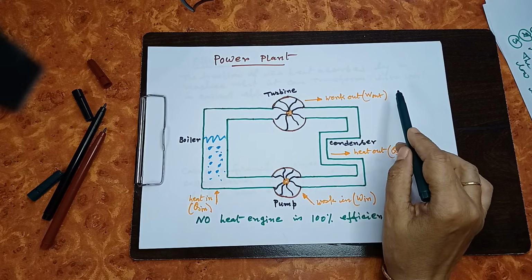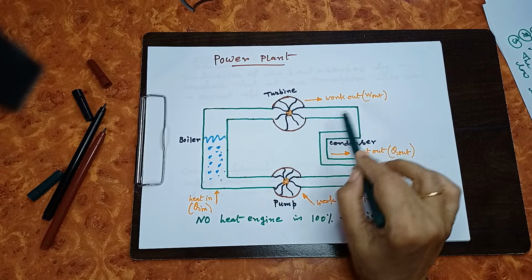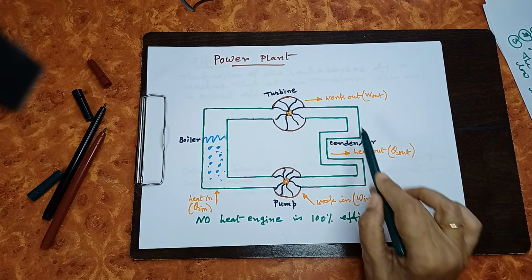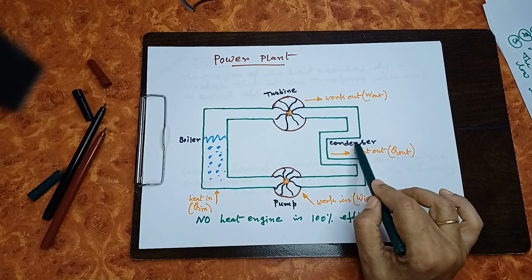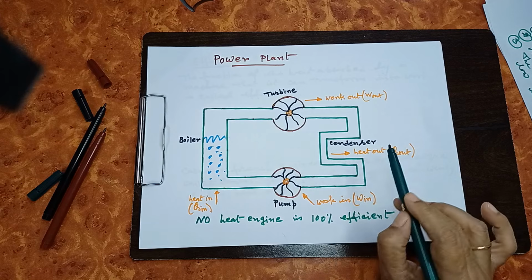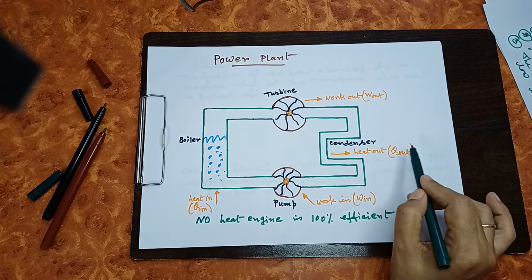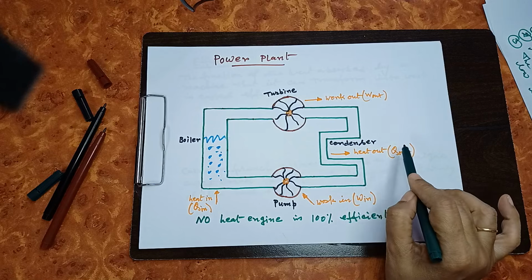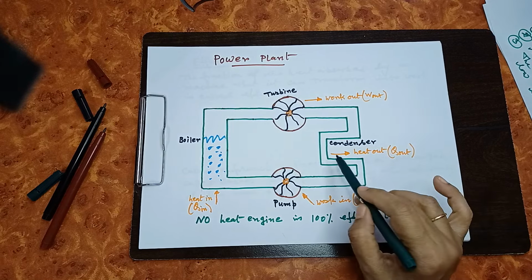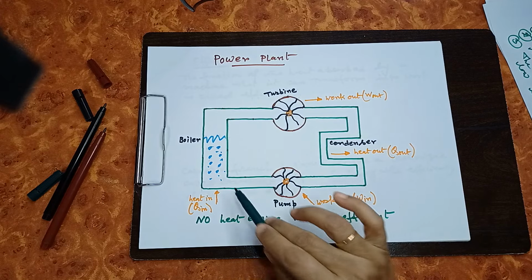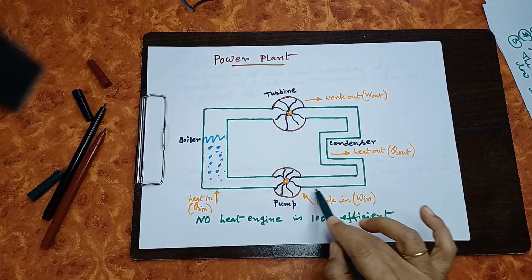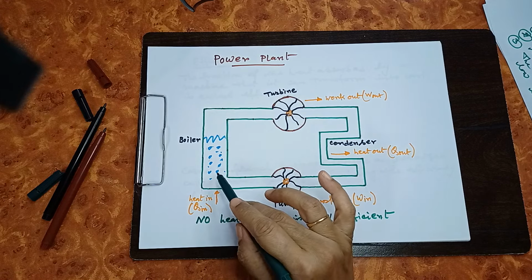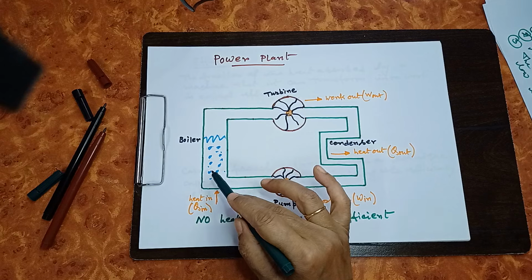Then the residual heat of the steam enters the condenser, and the residual heat is transmitted by the condenser to the low temperature sink, here the atmosphere. Then the water cycles back to the boiler by this pump, where once again it will absorb heat.